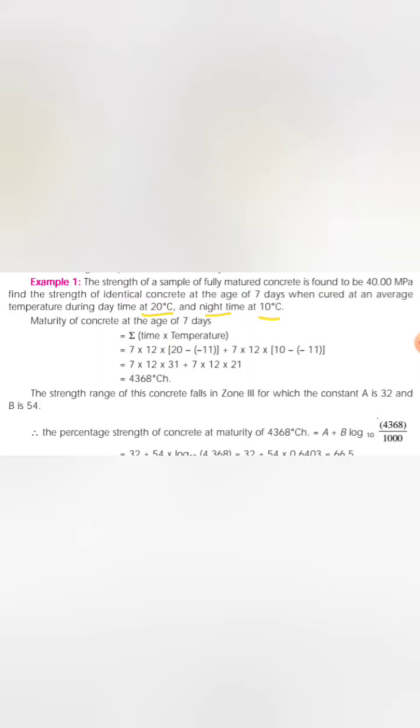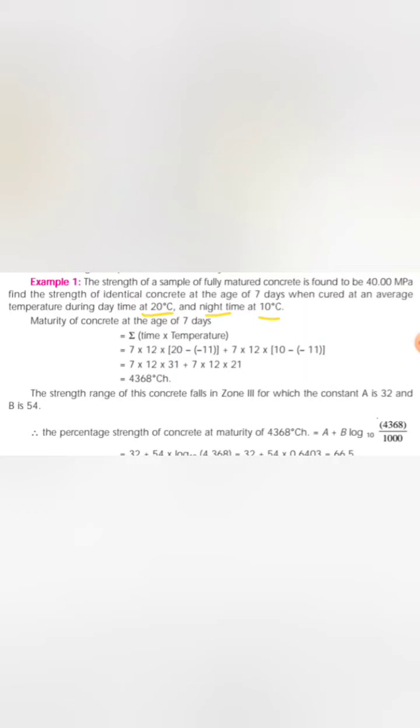Here they are asking what is the strength of the concrete at 7 days if it is to gain 40 MPa after 28 days of curing. That means at 7 days, how much strength is it going to gain? What is the necessity of calculating 7 days strength?